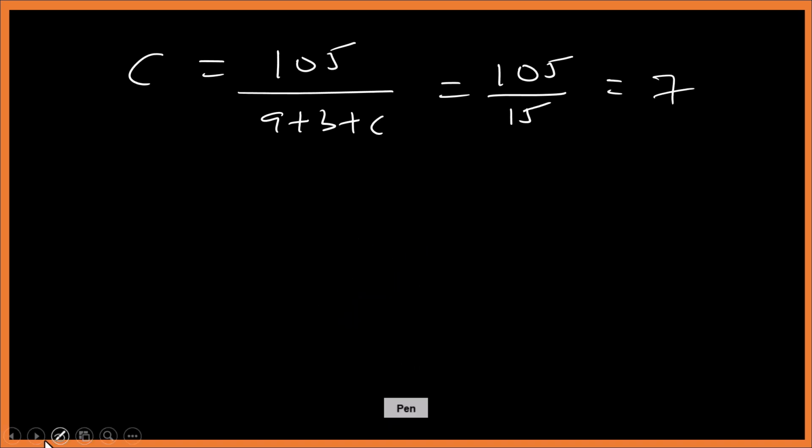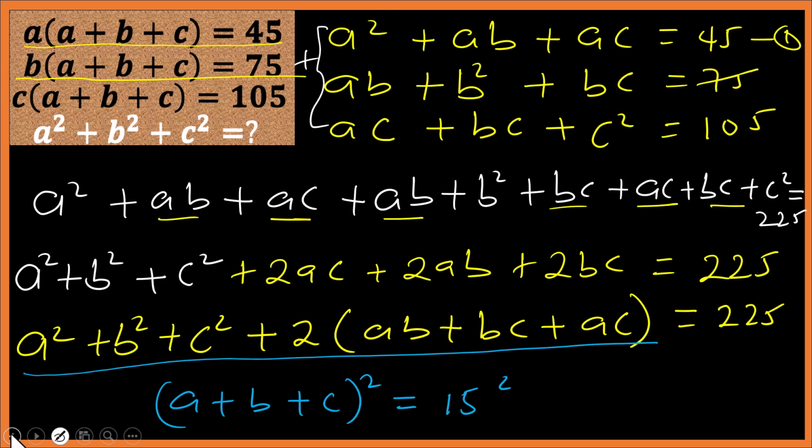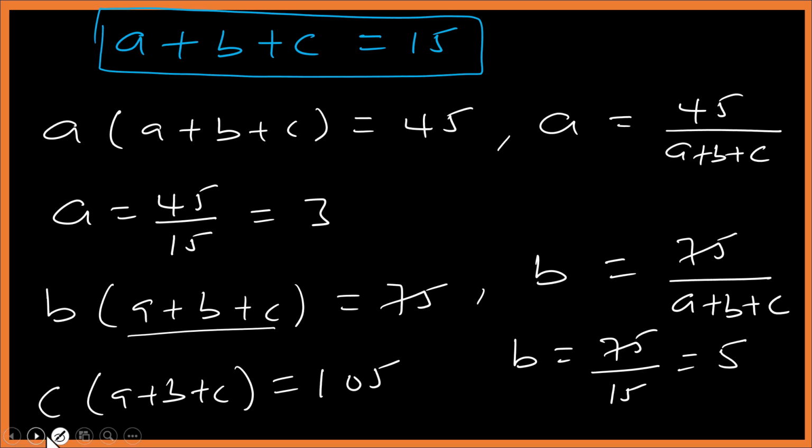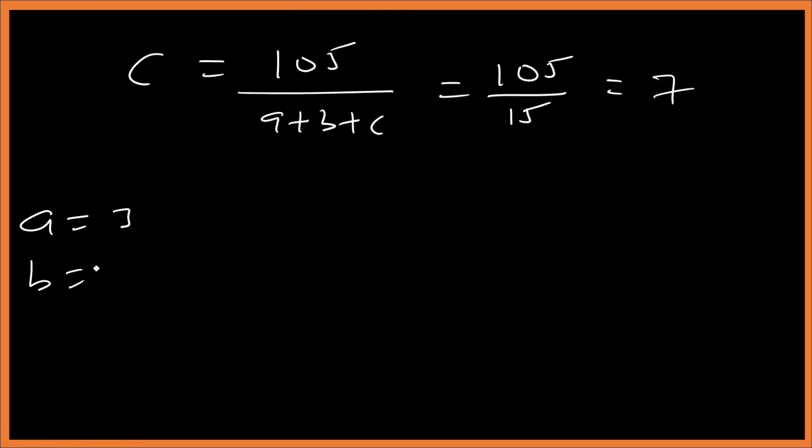Now remember, the question is demanding a squared, b squared, and c squared. So what we are going to do here is to square a, b, and c and put them together. We have a as 3, b as 5, and c as 7.